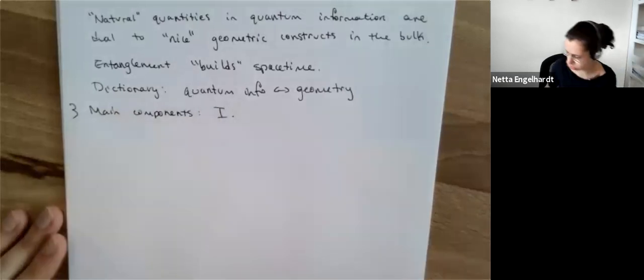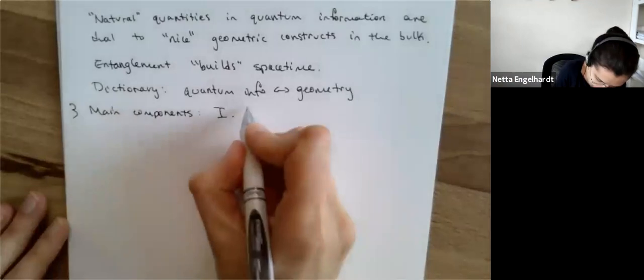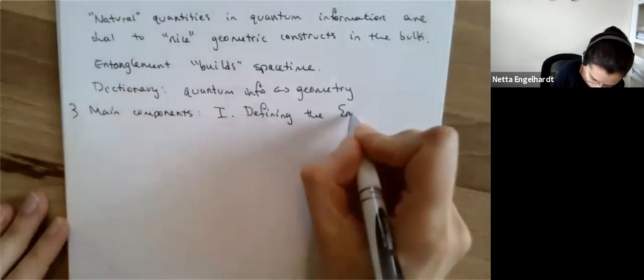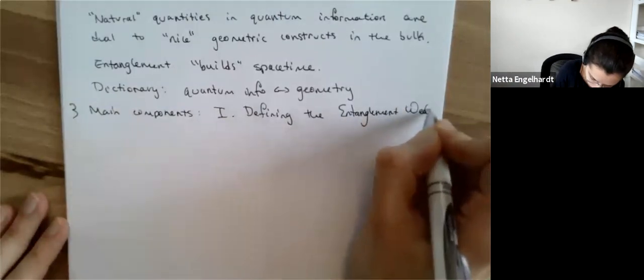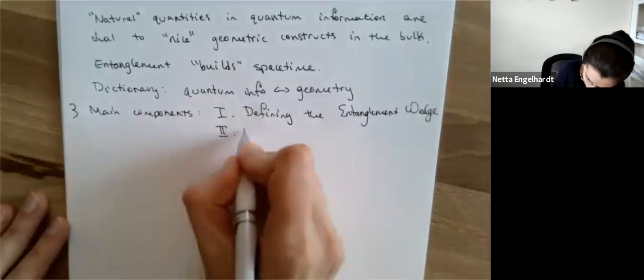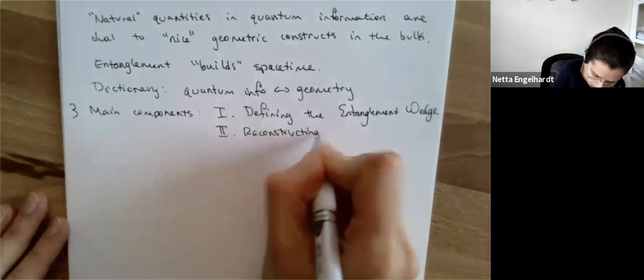So the first is going to involve defining the entanglement wedge. The second is going to be reconstructing the entanglement wedge, representing the entanglement wedge in terms of the CFT.